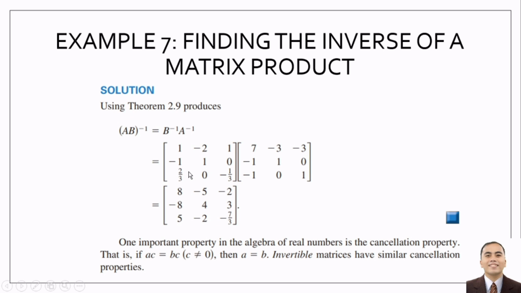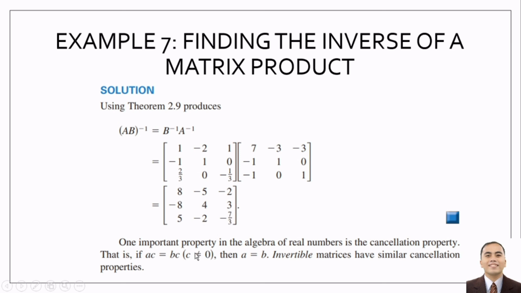The last one is third row, first column, third row, second column, third row, third column. So it will result in 8, -5, -2, -8, 4, 3, 5, -2, and -7/3.